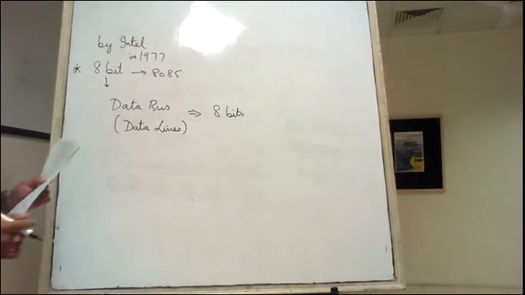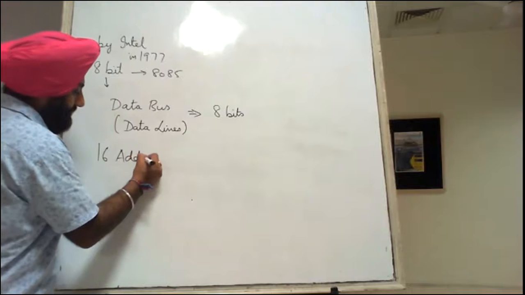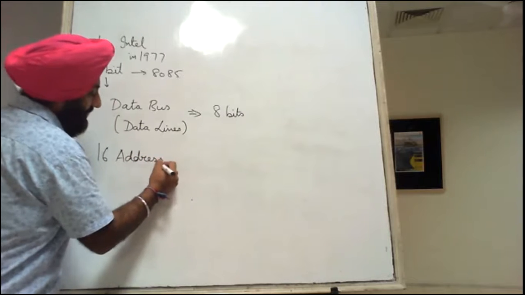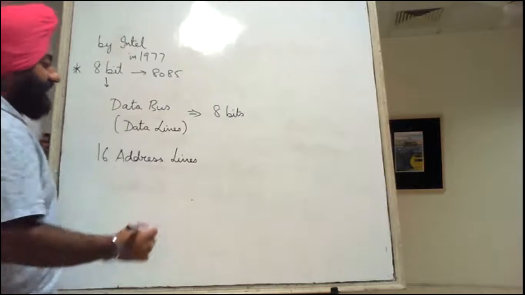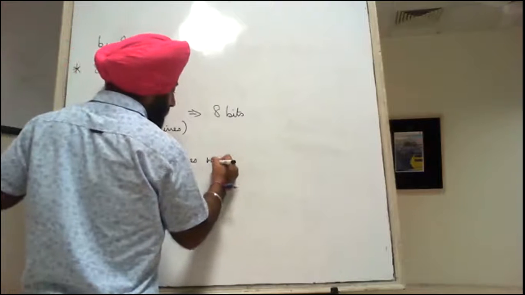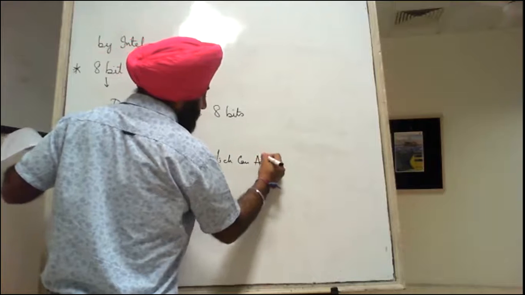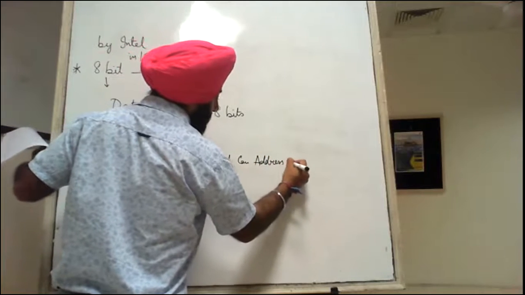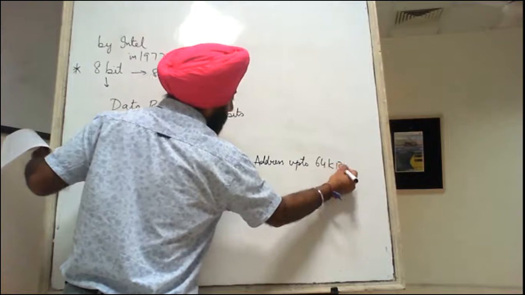Next we have 16 address lines, which can address up to 64 KB.